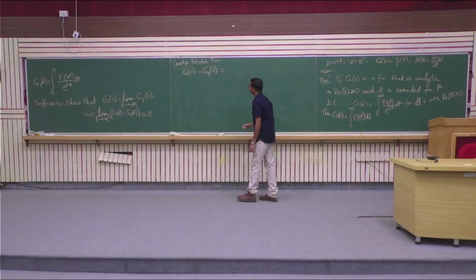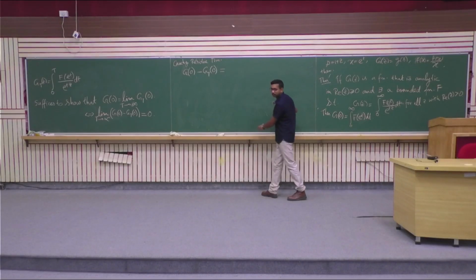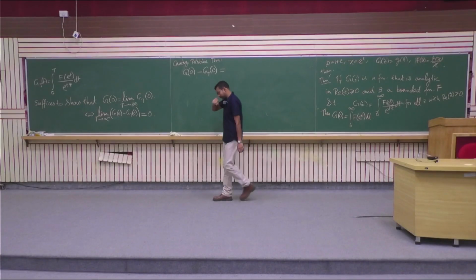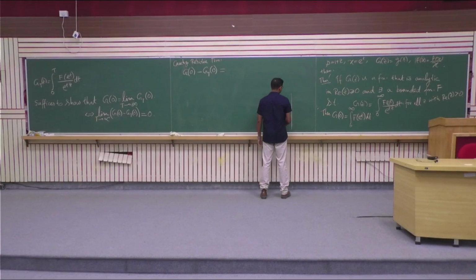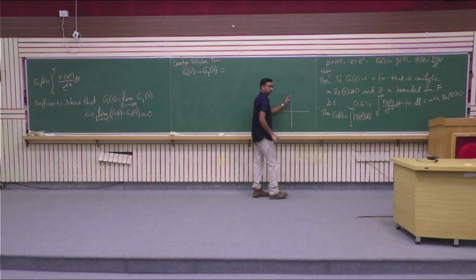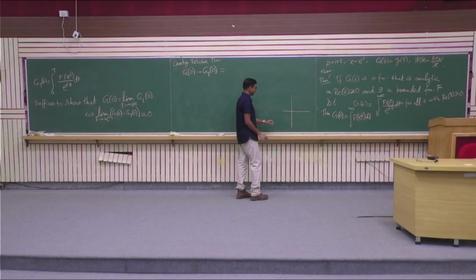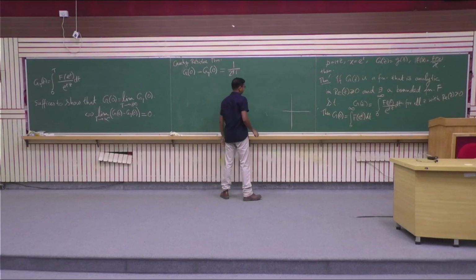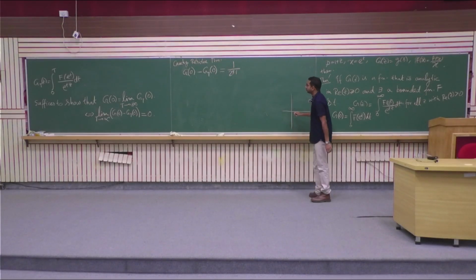we get that if we define the function that we are writing on the right hand side over some contour, if it has a simple pole at 0 and is analytic everywhere on the contour, then we will get this.